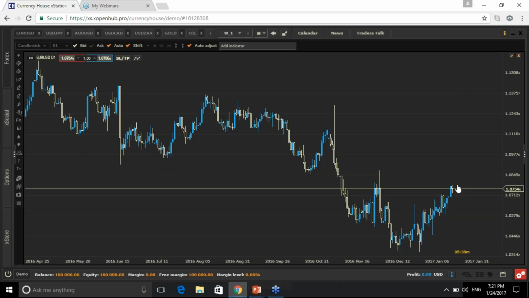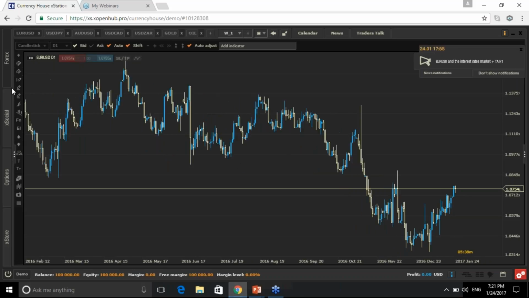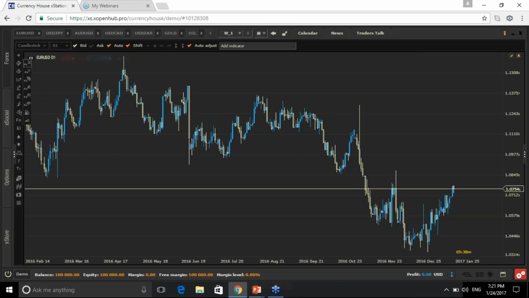So the question is: is it still a retracement or is it a reversal and a new trend forming? Let's try to use a very simple thing, which is the Fibonacci level of retracement.